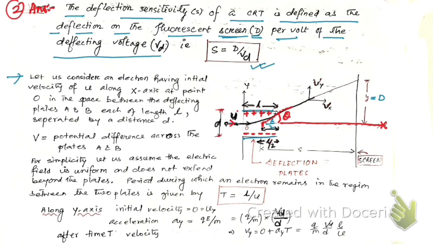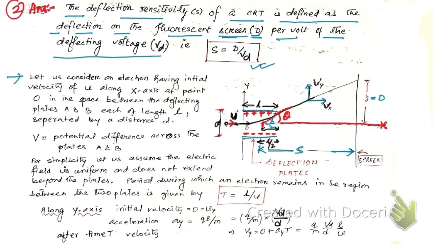From this point, the distance to the screen is suppose S. The velocity must have two components, Vx and Vy, at this instant.